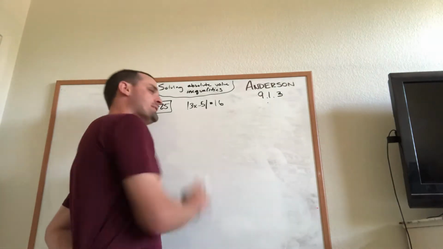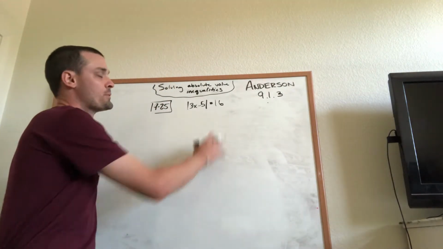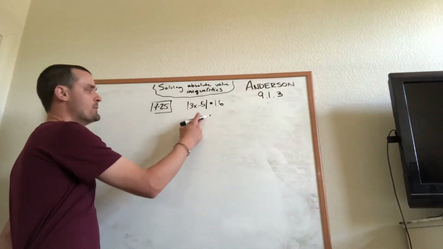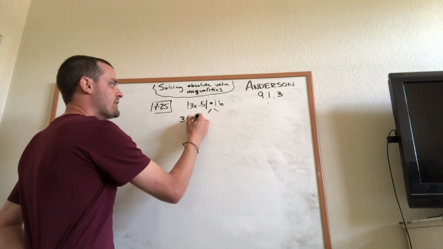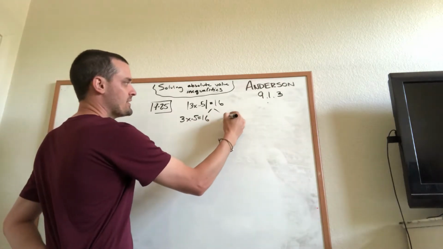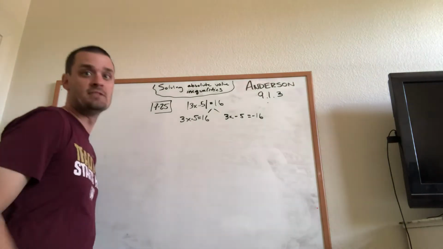Kind of reviewing, it says on 9-25 from chapter 3, if you're given an absolute value, if you recall, you're supposed to write two different absolute value equations where we say 3x minus 5 equals 16 and then 3x minus 5 equals negative 16.